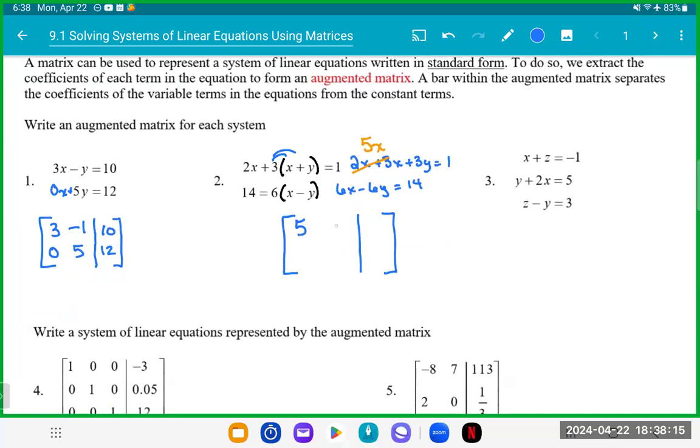So our x is 5 and our y is 3 and our constant is 1 for the first equation. And for our second equation, we have 6, -6, and 14. Okay. Question.